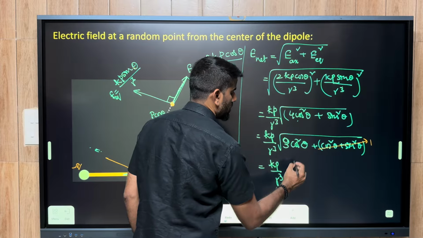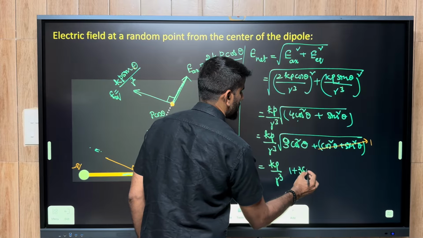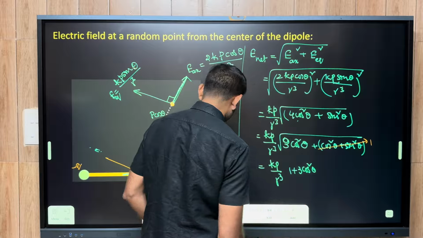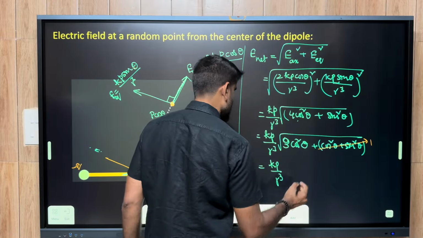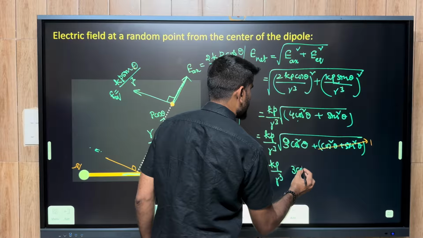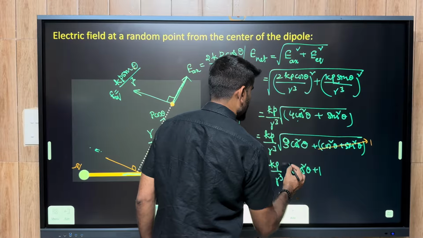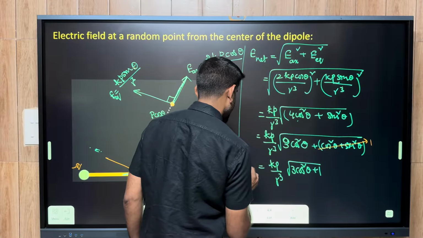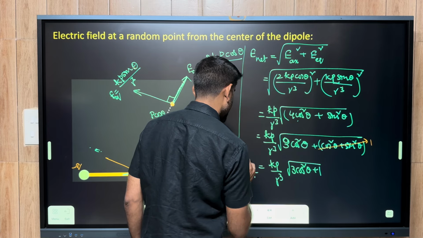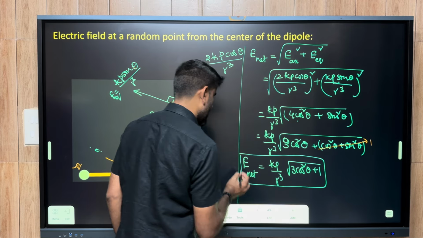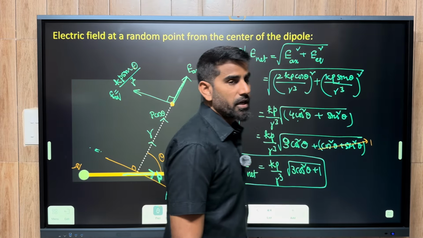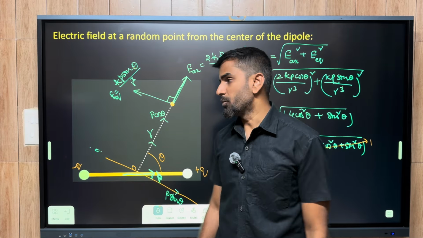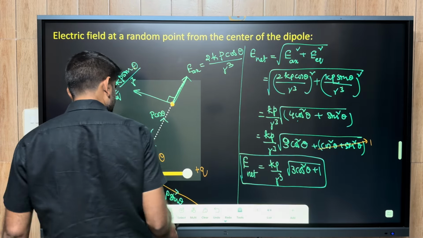Kp by R cube, square root of 3 cos square theta plus 1. This is the equation for the net electric field at any random point due to a dipole.